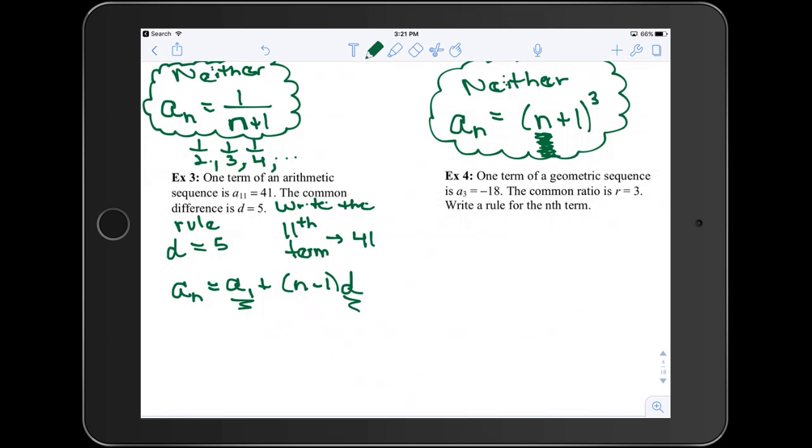So with this, I know that a sub n is 41. I don't know a sub 1, that's what I'm trying to find. Plus, I know that the value 41 happens at the 11th term and that the common difference is 5.